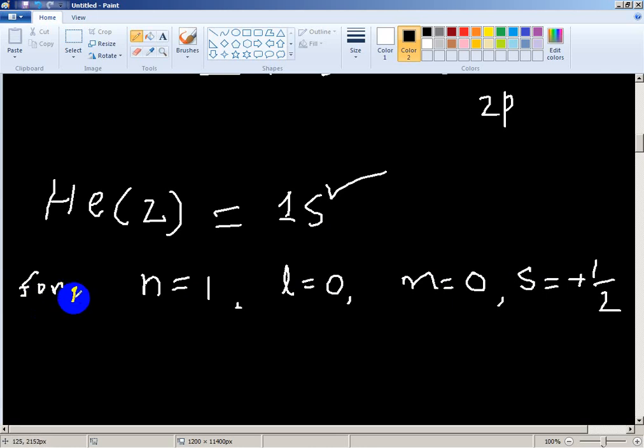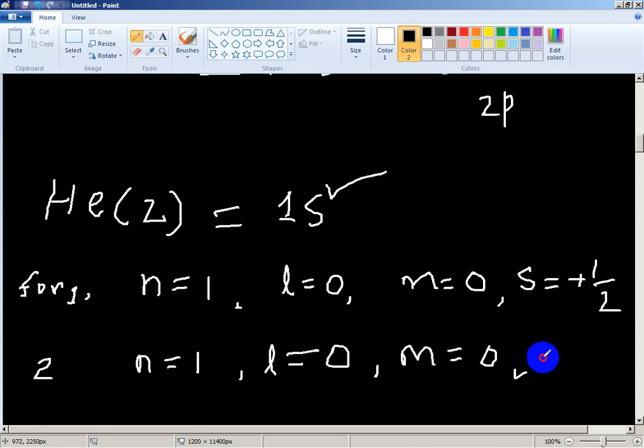For the second electron, n equals 1, l equals 0, m equals 0, and s equals minus half.